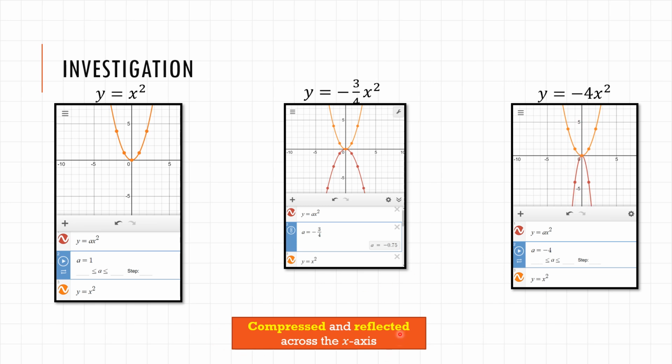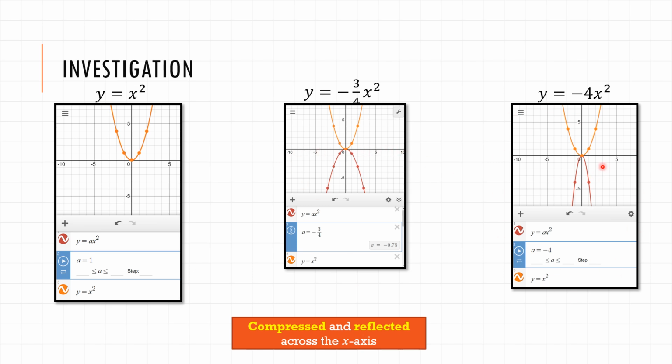And so that's why we say that this graph right here was compressed and reflected across the x-axis because it got shorter. That's compressed, vertically shorter, so that it was vertically compressed. And then it was reflected across the x-axis, as if the x-axis was like a mirror.